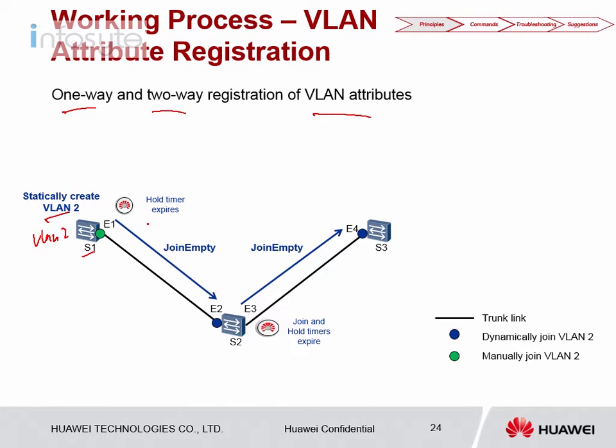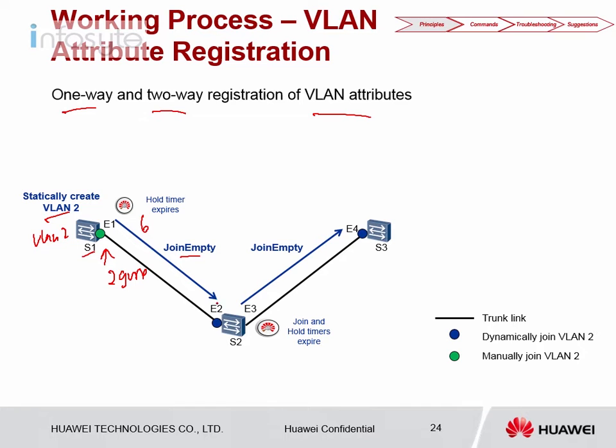Now because GVRP is enabled on Ethernet 1, after the expiry of the timer on GVRP, which is 6 seconds, E1 is going to send a join empty message to E2. Alright. Now for GVRP to work, because they are using multicast, they are going to send 2 GVRP join empty messages.